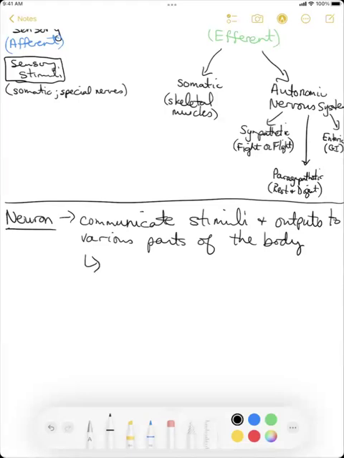And this is an electrical impulse, a change in voltage across a cell membrane. You've probably learned about action potentials before. I'm not necessarily going to go through all the ins and outs of action potentials, all the steps. That's something that you can read about on your own. You probably already have a basic idea of what it is.